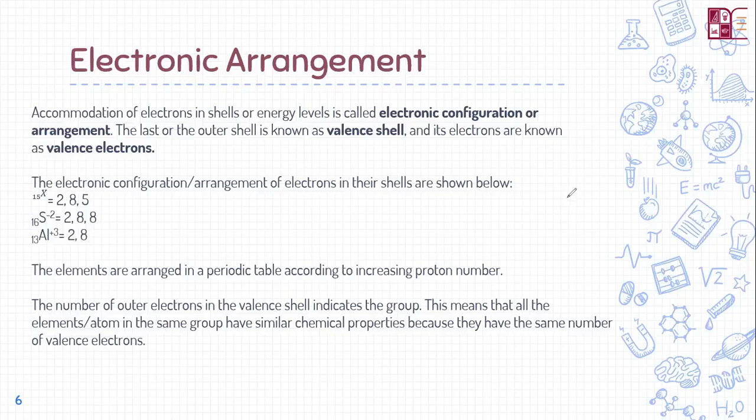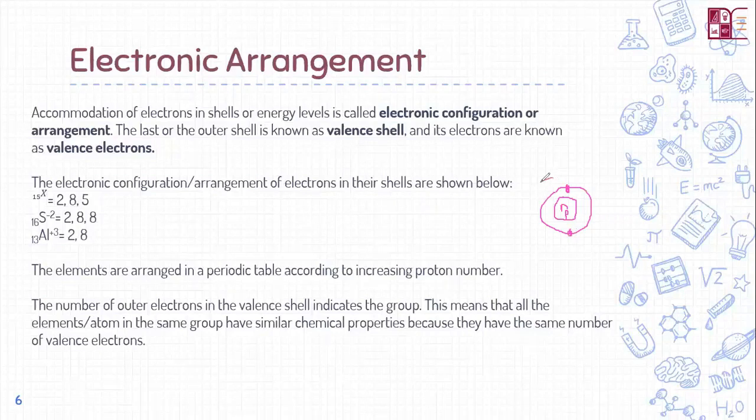So the first shell is always filled first. Now this is a nucleus and it has neutrons and protons. The first shell can hold up to 2 electrons. There can be less than 2, but it can hold up to 2 electrons.